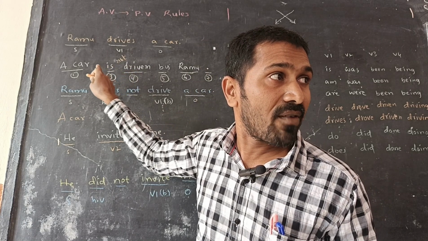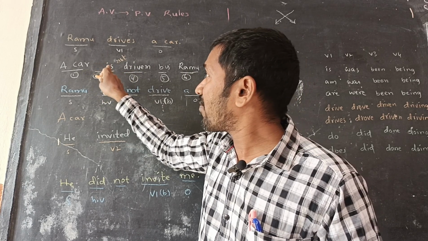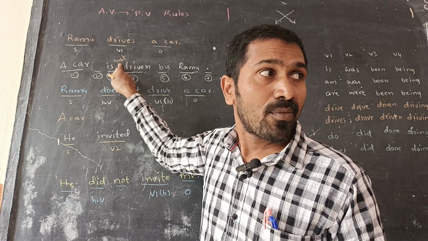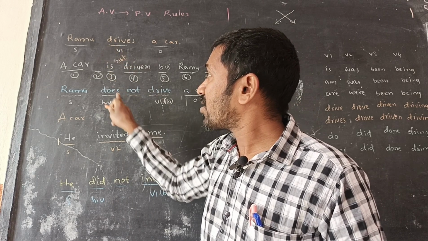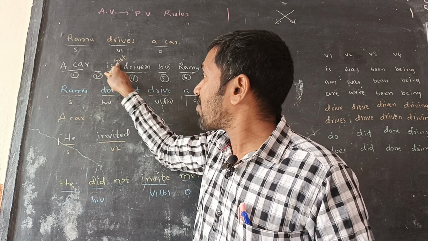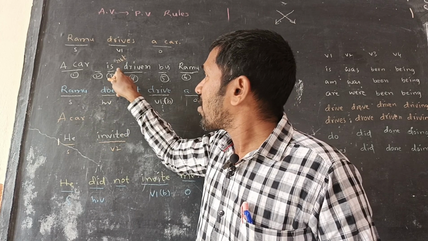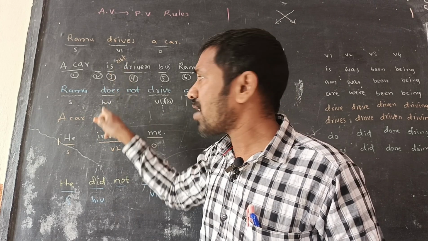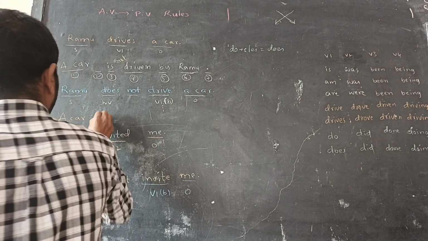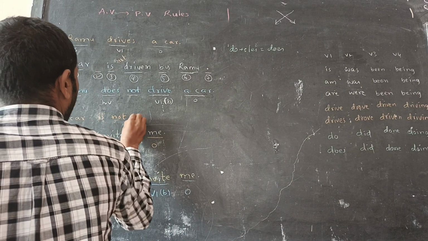Because there is some helping verb here, so you can put not. For this statement, this negative came. Okay now. That means you can add not here and simply write here. A car is not driven by Ramu.